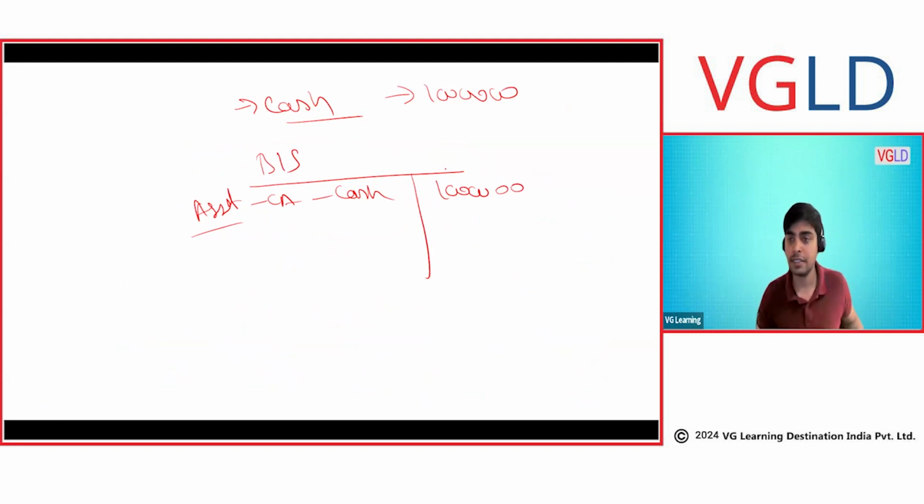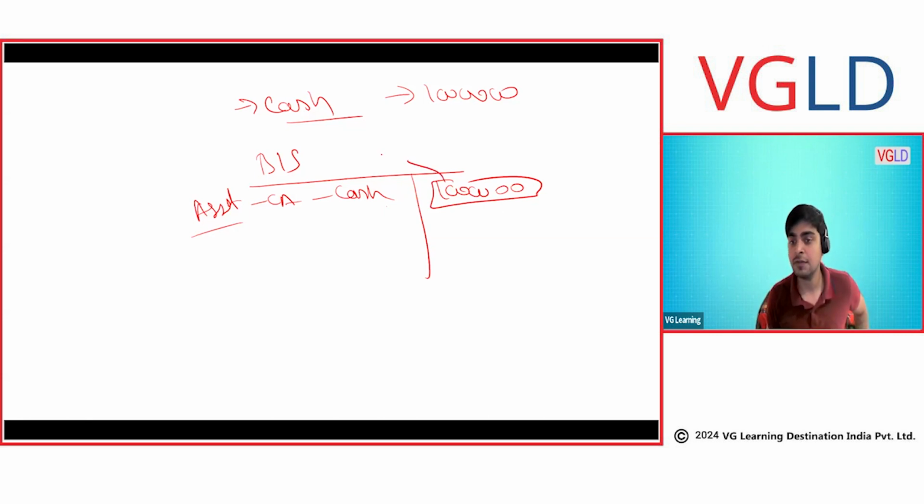This is your question, Vish, right? Now, what is the other side? As I told you, for every asset, because this is an asset, there will be a corresponding liability or equity.